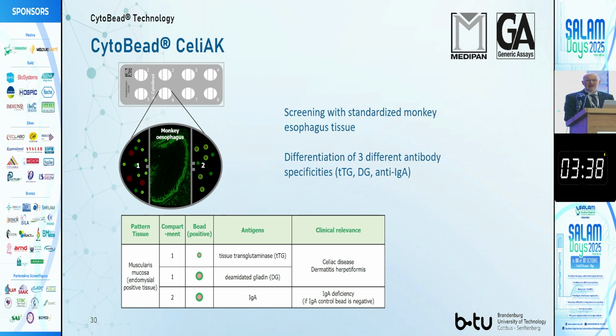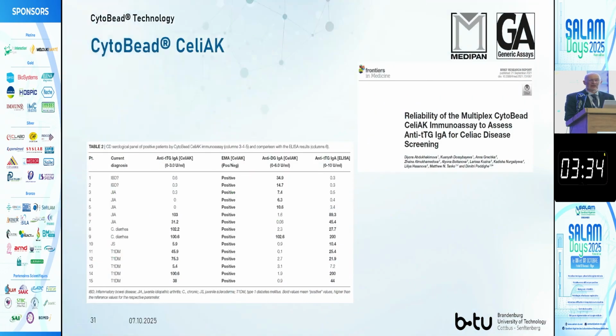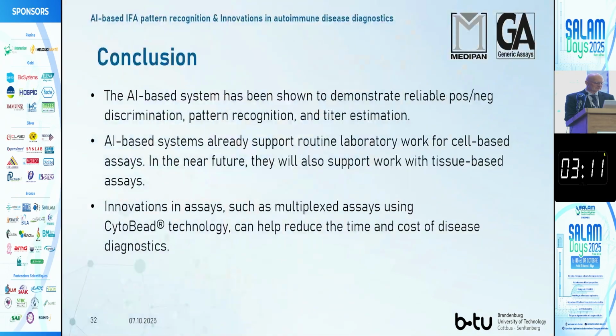Such multiplex testing can be done on the basis of the Cyto-B technology, and that is another paper that has been published this year from our colleagues in Kazakhstan, in Central Asia. They have used our assay to do an appropriate serological analysis of patients suffering from celiac disease.